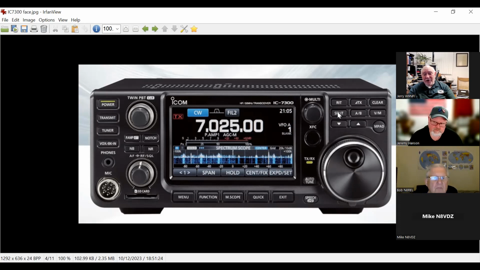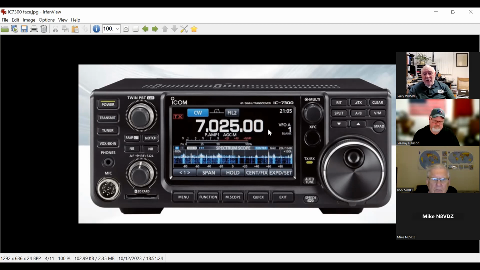For instance, with the DART repeater, we're receiving on 146.64, but when we transmit, we're transmitting at 146.04, a 600 kilohertz separation.